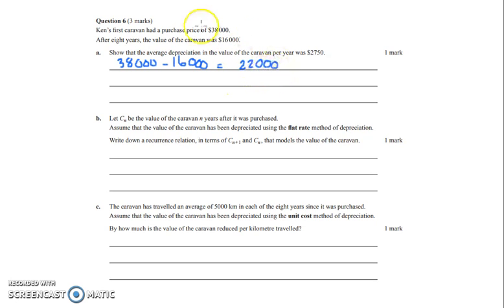Then to show that the depreciation per year is this, it's been depreciating over 8 years. So that means that this $22,000 is the total depreciation over the 8 years. So we can work out what it is per year by doing 22,000 divided by 8, which gives us $2,750.